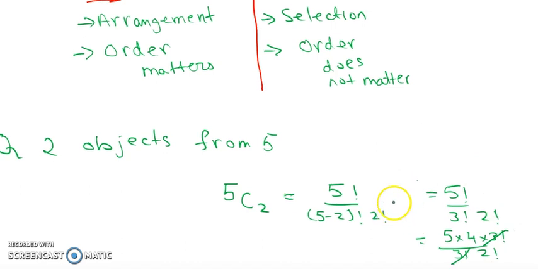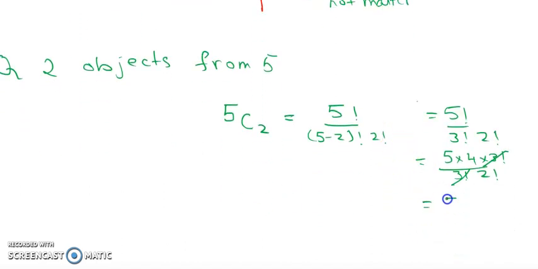We are left with 5 times 4 over 2, where the 2 cancels with the 4 to give 2 on the top, so 5 times 2, which is 10. So there are 10 ways of selecting 2 objects from 5 objects.